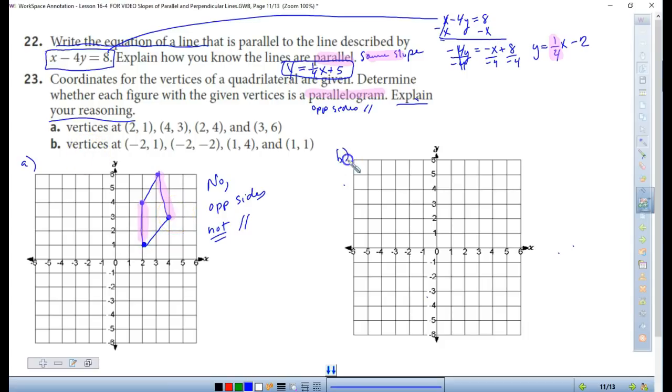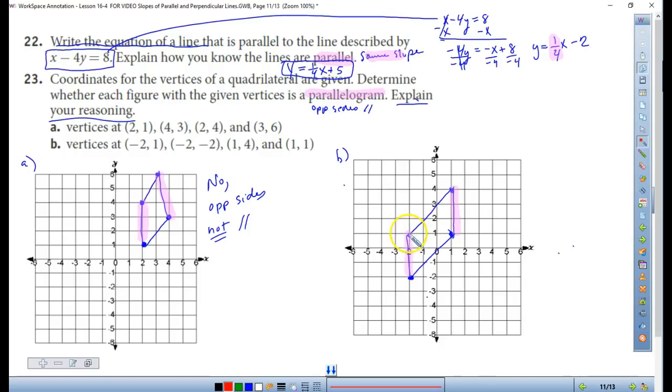So let's check letter B. (-2, 1), (-2, -2), (1, 4), and (1, 1). So there we go. Alright, so we've got two verticals. That's easy to tell that they're parallel. And then we'll just count the slopes here to make sure.